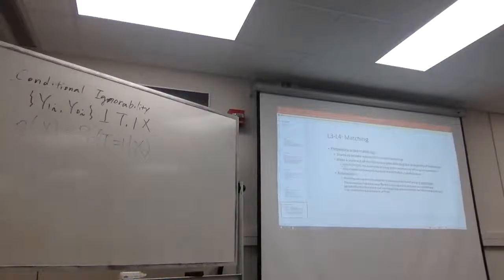There are two important assumptions involved. The first one is matching creates balance between the treatment and control group in expectation. So the method is designed in such a way that the two groups are similar in expectation, or in the population.